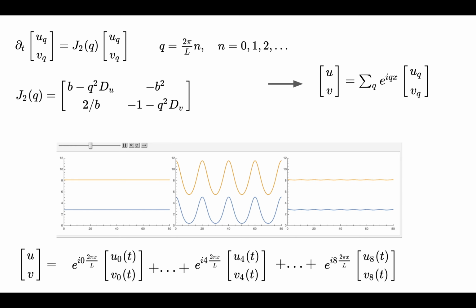Now, we combine all of this, and we now have a linear differential equation, and we call the matrix J2. But now J2 is a function of q.